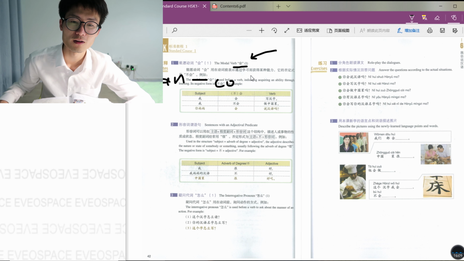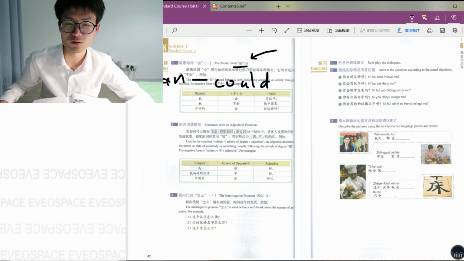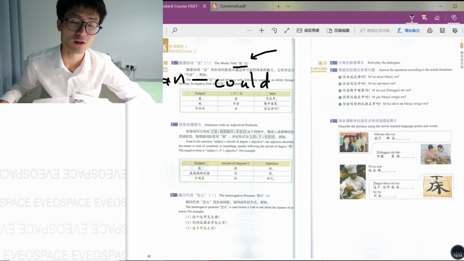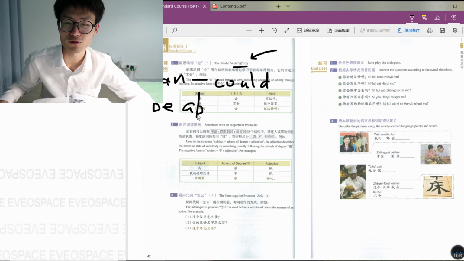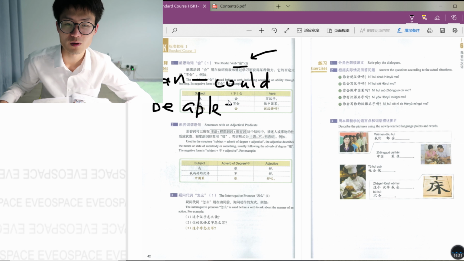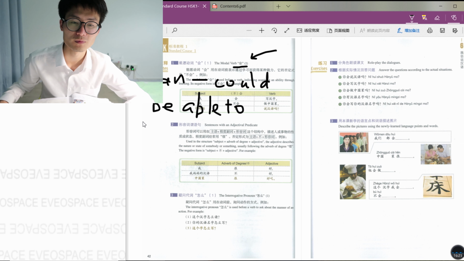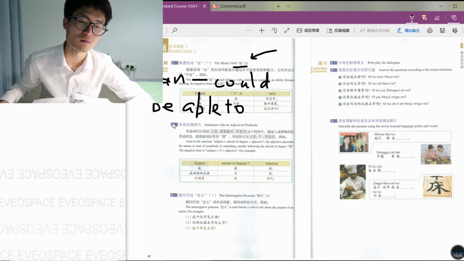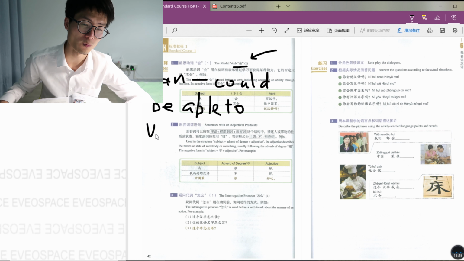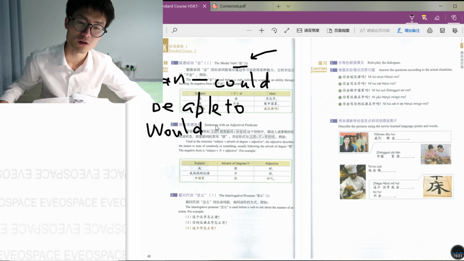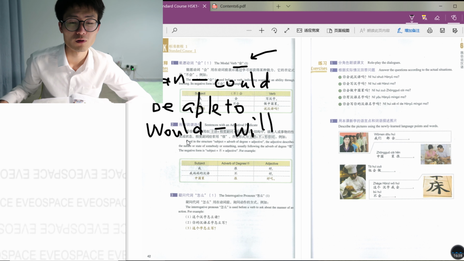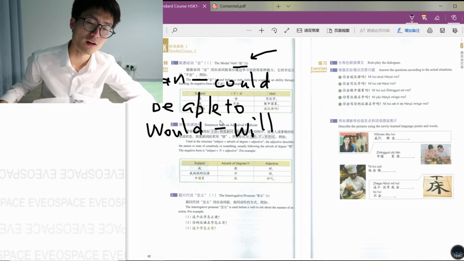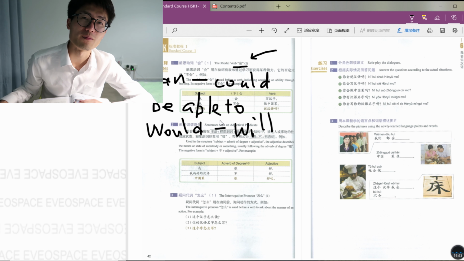Then you can have this meaning, be able to. And then you have would. It could mean would, or will, and other meanings.